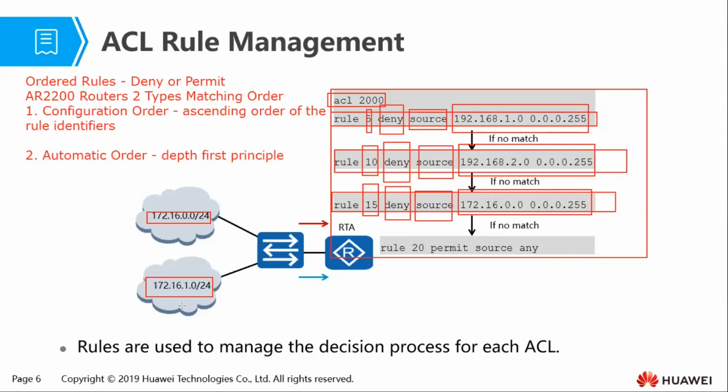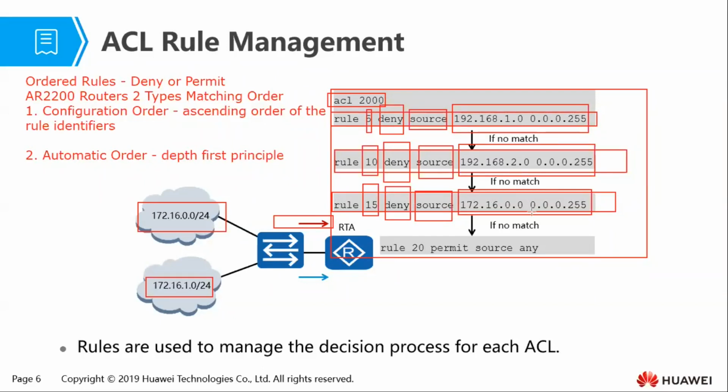172.16.0.0/24. Who is that actually? This guy, anyone from this network. So if anyone has a source address from that network, discard that packet. Now, if, for example, a packet is coming from the red network, rule 15 will match.